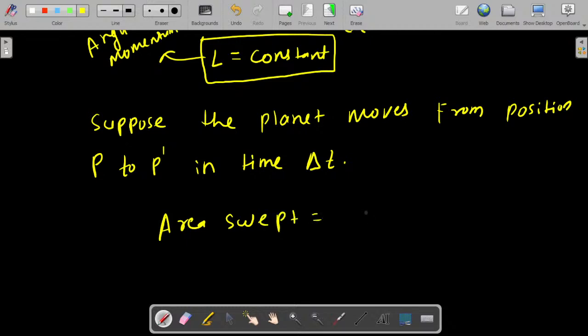What is the formula for area? Half into base into height.